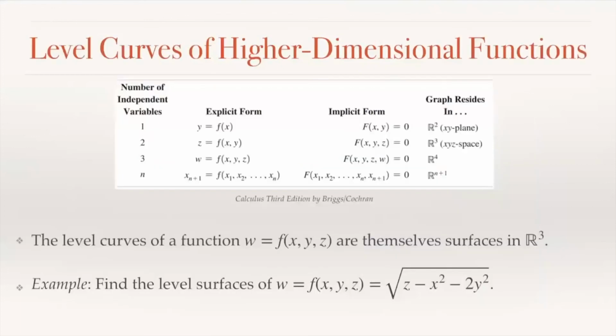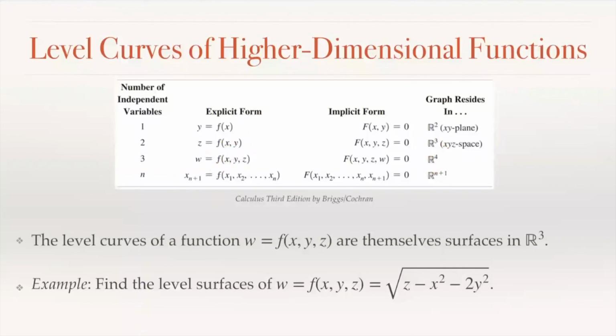Now, we can also take level curves of higher dimensional functions. We will occasionally have to deal with functions of 3 variables, and we'll be doing some clever things like thinking of functions of 2 variables as level surfaces of functions of 4 variables. Functions of 3 variables live in R4.